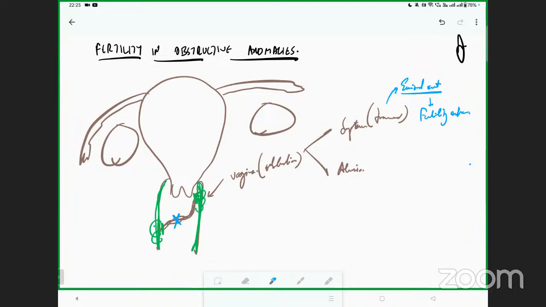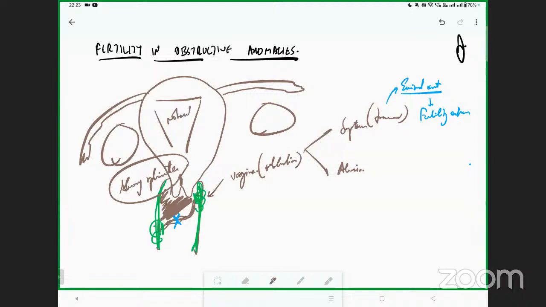Excellent is the word, because any form of hematometra which is getting collected here, I am telling you, this internal os, the cervical canal, is a strong sphincter. It is basically a very strong type of sphincter. So just keep in mind, nothing can go into the uterus. Because nothing can go into the uterus, there is basically going to be no hematometra, and the uterine fertility is going to be excellent even if the transverse septum is prolonged.